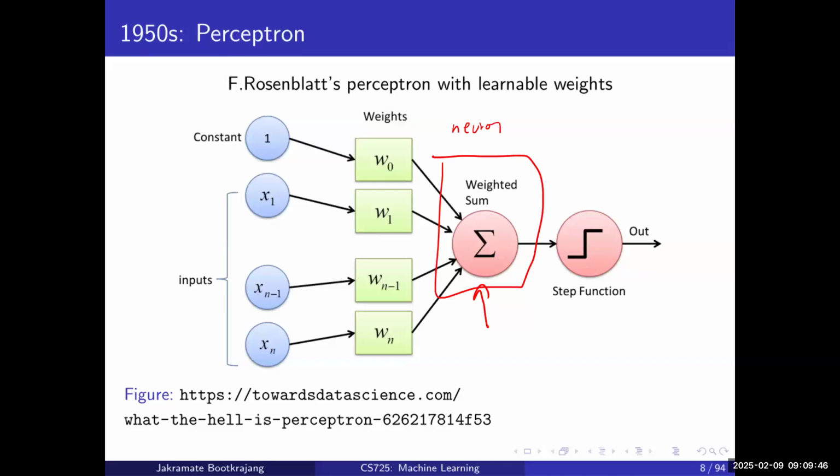The function is just to combine all the inputs together. And then we have some step function, and then we split the output, right? So remember, we want the neuron to output 0 or 1, right? 0 means inactive, 1 means active. So our ultimate goal is to get this 0, 1.